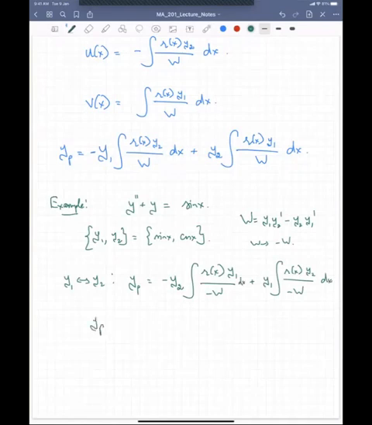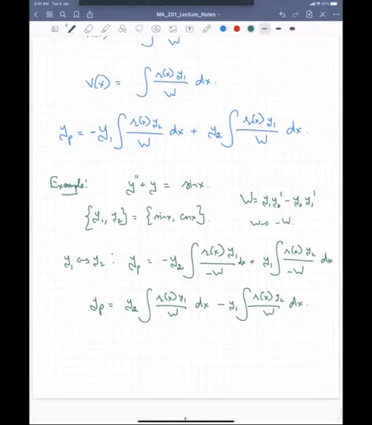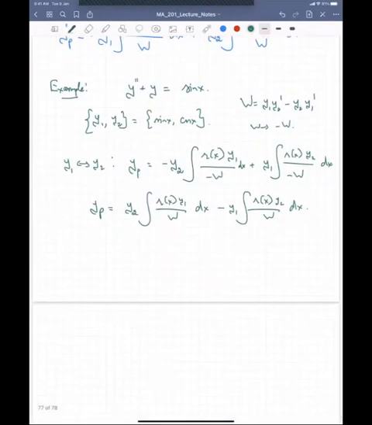Put everything together, your yp becomes y2 integral r of x y1 over W minus y1 integral r of x y2 over W dx, which is exactly what you had initially. So under this exchange, everything remains the same, and that is a good thing, because otherwise it cannot really depend on which one I call y1 and which one I call y2.